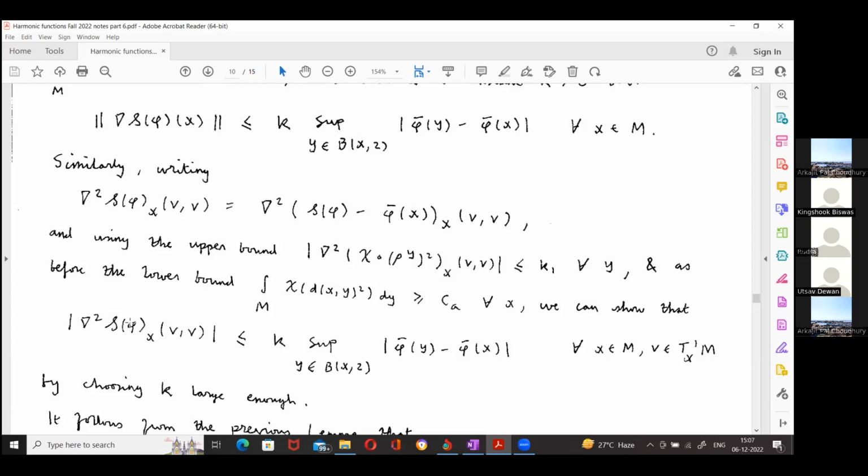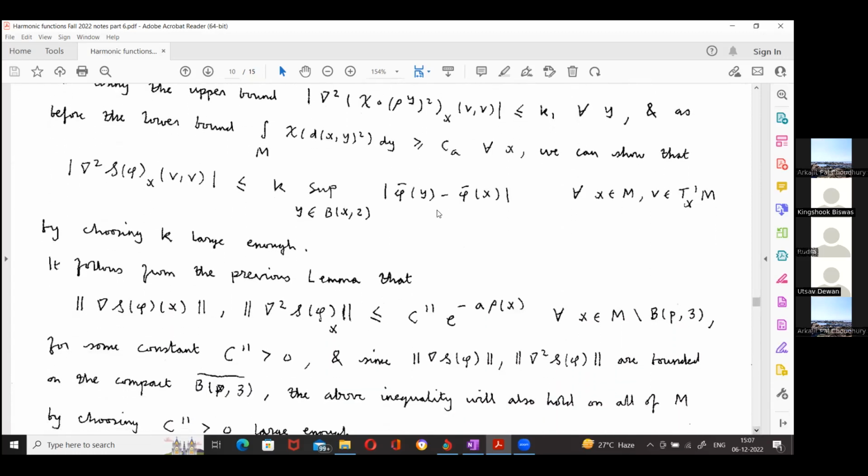Then one can show that similarly we have an estimate: the Hessian of S phi at x is less than or equal to a constant times the sup over y in the ball of radius 2 around x of phi bar y minus phi bar x. Okay. Is this all right? Yes.